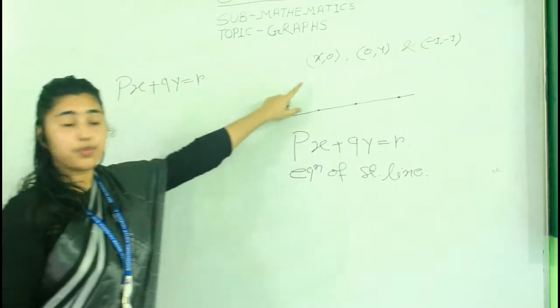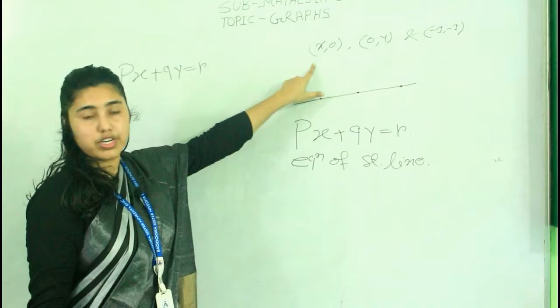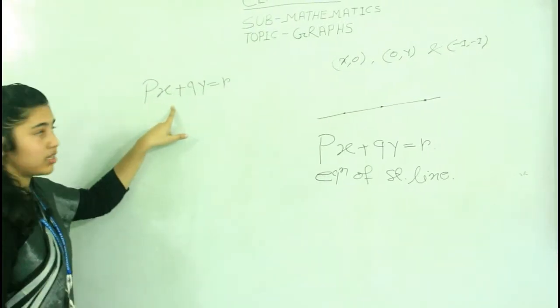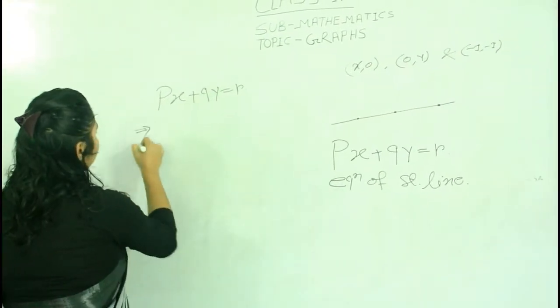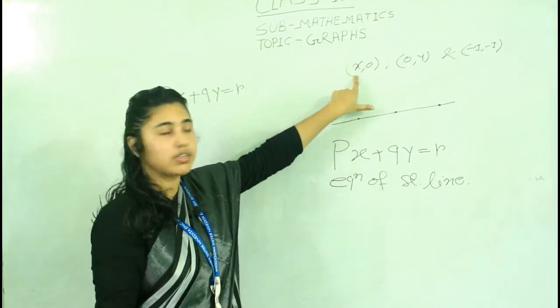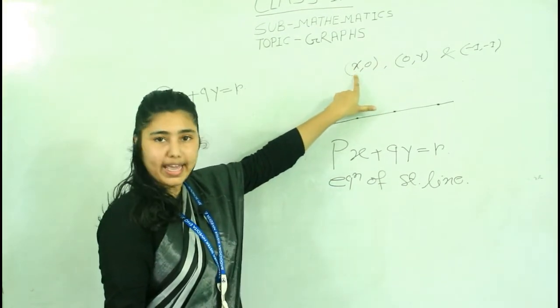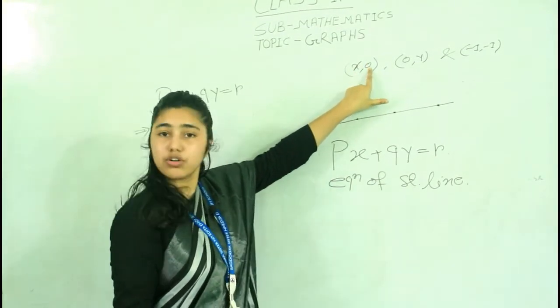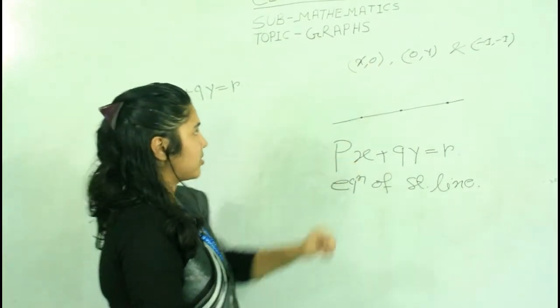So our first point is (x, 0), which will satisfy this equation. In this point, x is the coordinate of the x axis and 0 is the coordinate of the y axis.